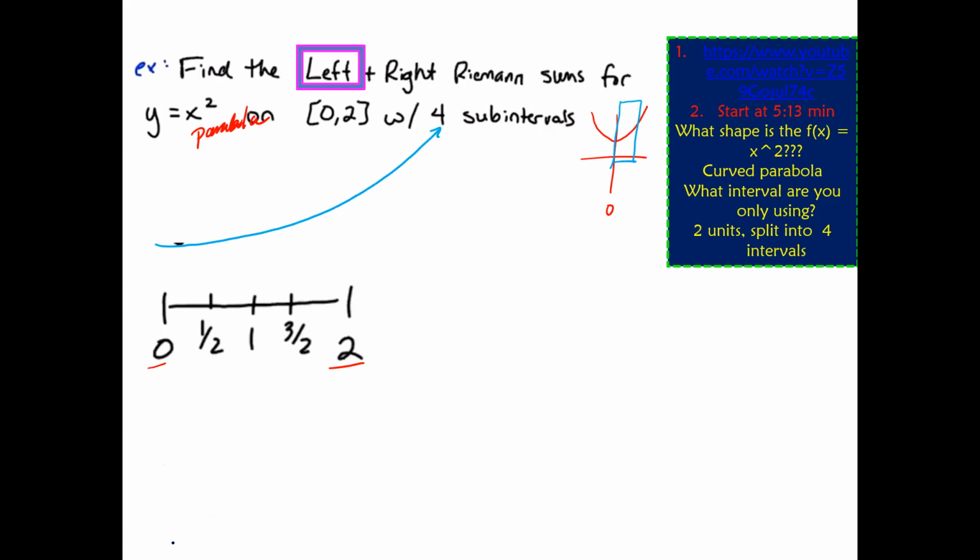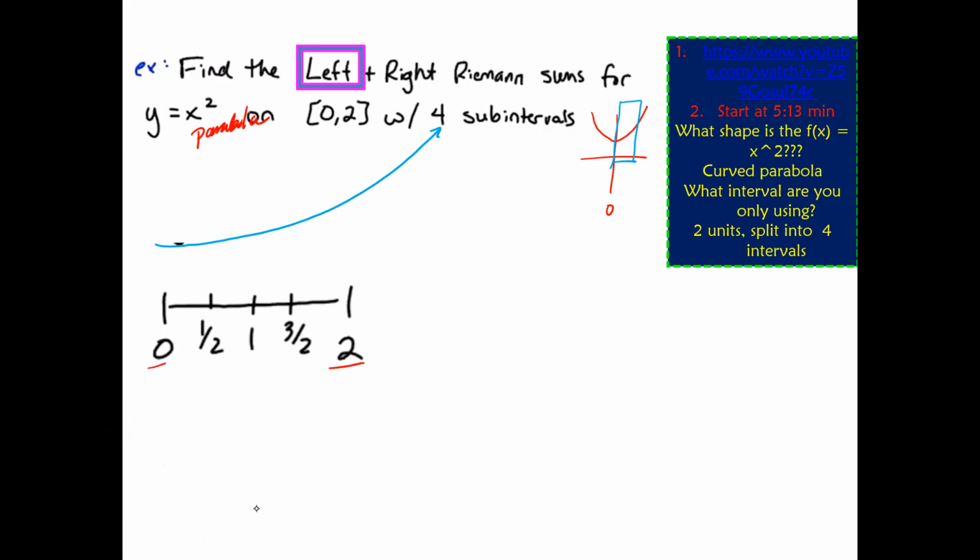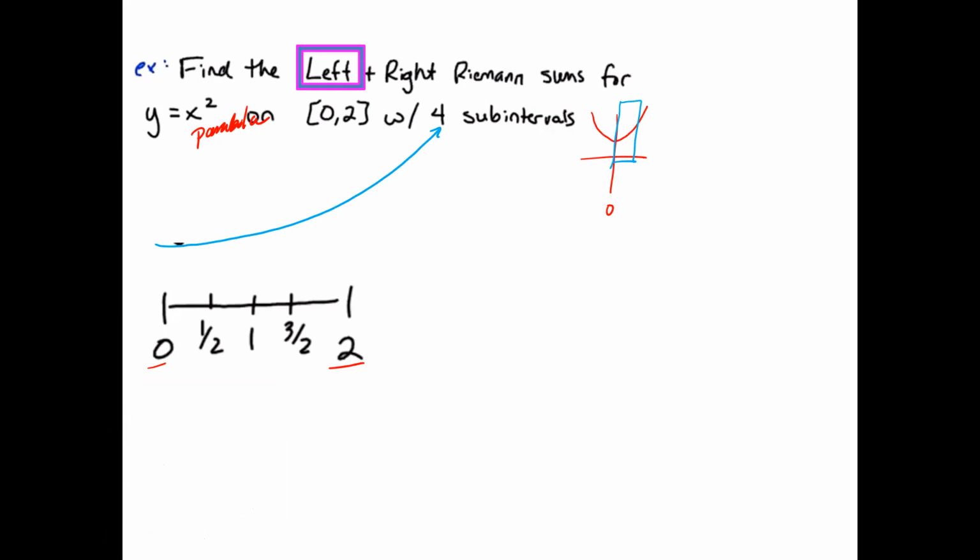Okay, and then what you're going to do with this is draw rectangles, and this is the left Riemann sum. When you draw your rectangles, you start on the left side, and this is the left side right here. So here's my point. There's my rectangle.